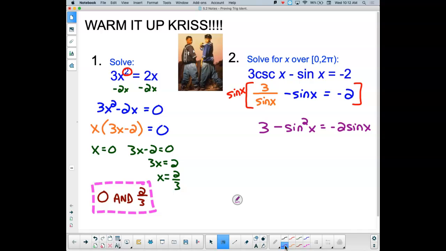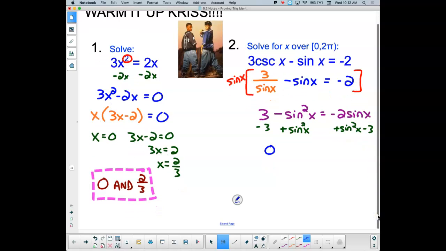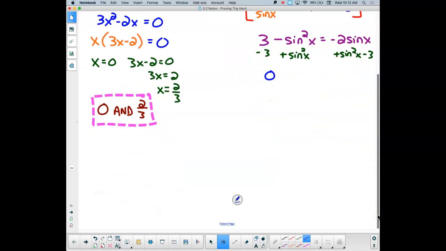Again, get everything onto one side. I'm a fan of positive squared terms, so I'm going to move everything to the right side. That's going to give me 0 equals sine squared of x minus 2 sine of x minus 3.